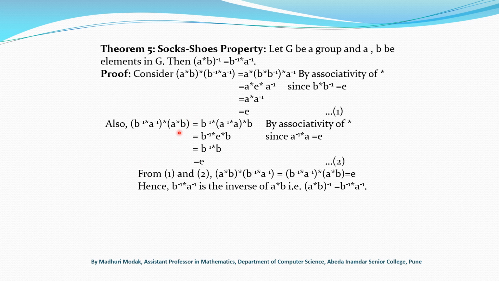Now for equations 1 and 2, the right hand side is the same, that is E. So their left sides are also the same. So A star B star this element is equal to the same element star A star B, which is identity. So by using the definition of inverse, the inverse of A star B is equal to B inverse star A inverse.